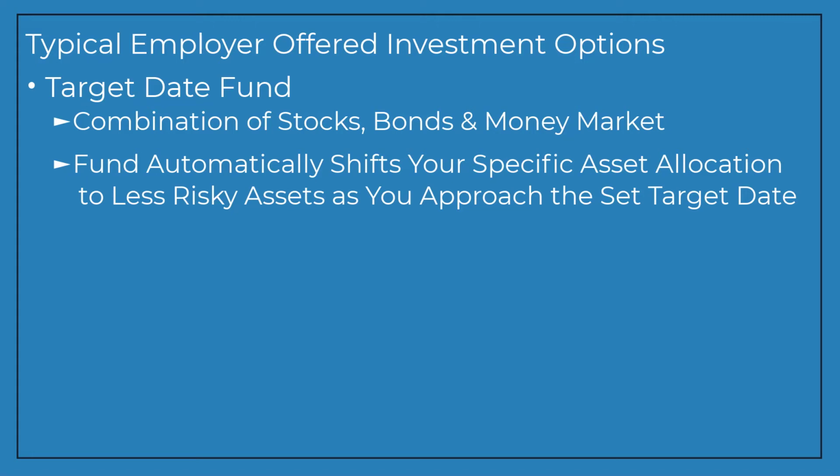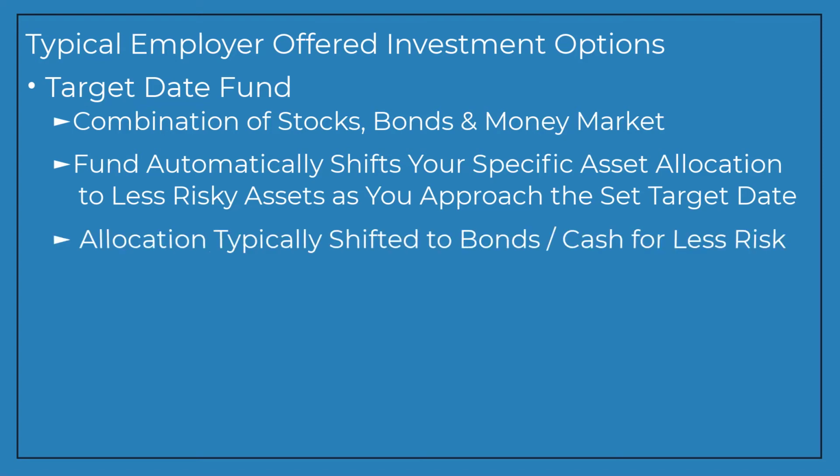So as you get closer to, for example, your retirement date, the fund will automatically update the asset allocation more conservatively, in other words, to less risky assets. And as bonds provide steady income and are less volatile than stocks, the allocation typically shifts more towards bonds and cash or cash-like instruments and away from stocks as you get closer to that target date.